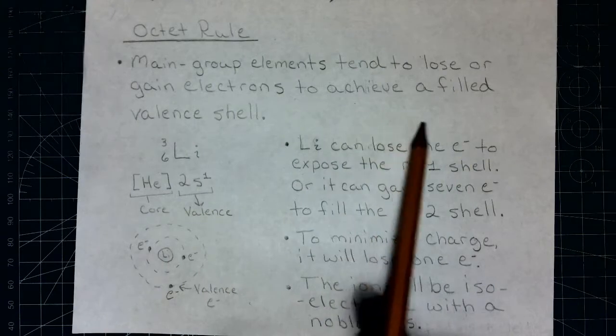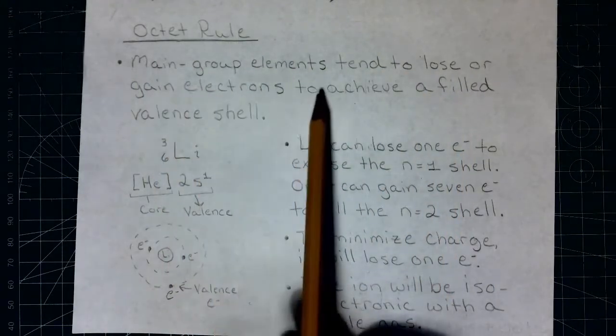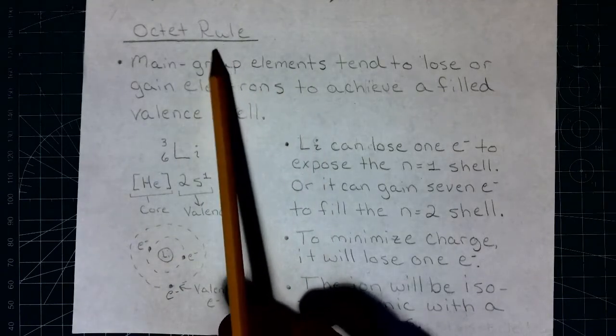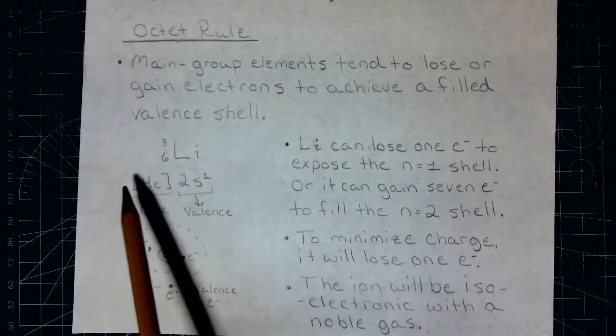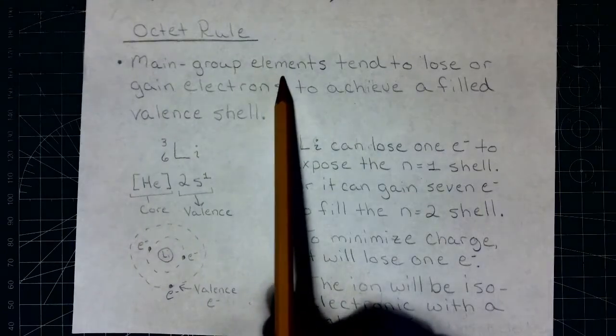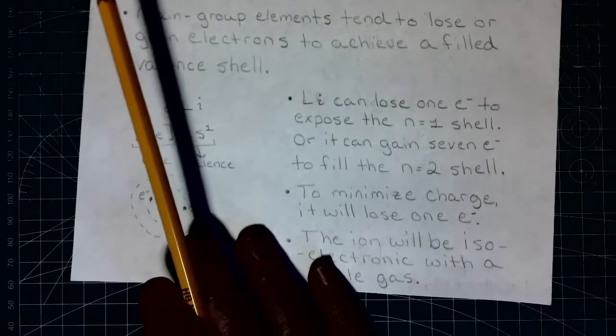In general, most elements actually want a full valence shell, but the main group ones always will. We call it the octet rule because the main group elements are going to have 8 electrons in their valence shell: 2 in an s orbital and 6 in the p orbitals.